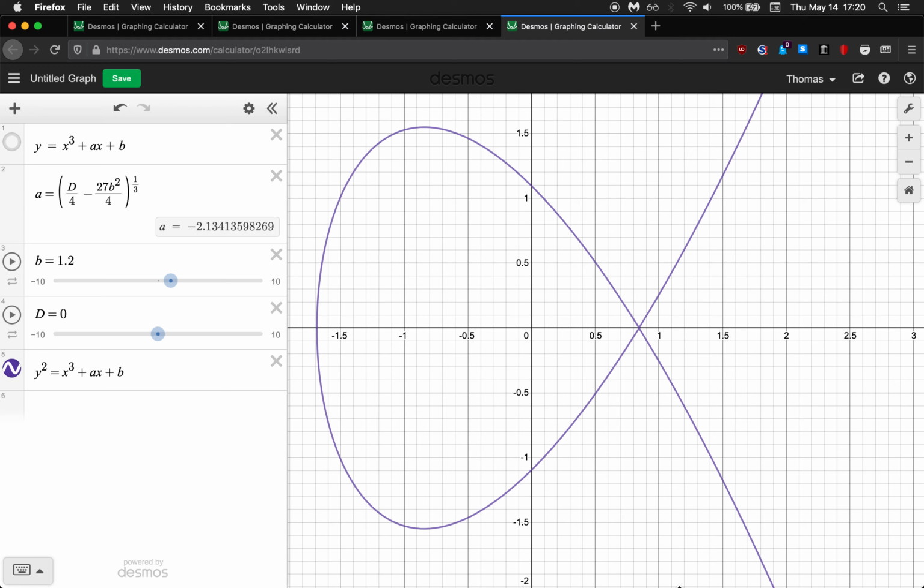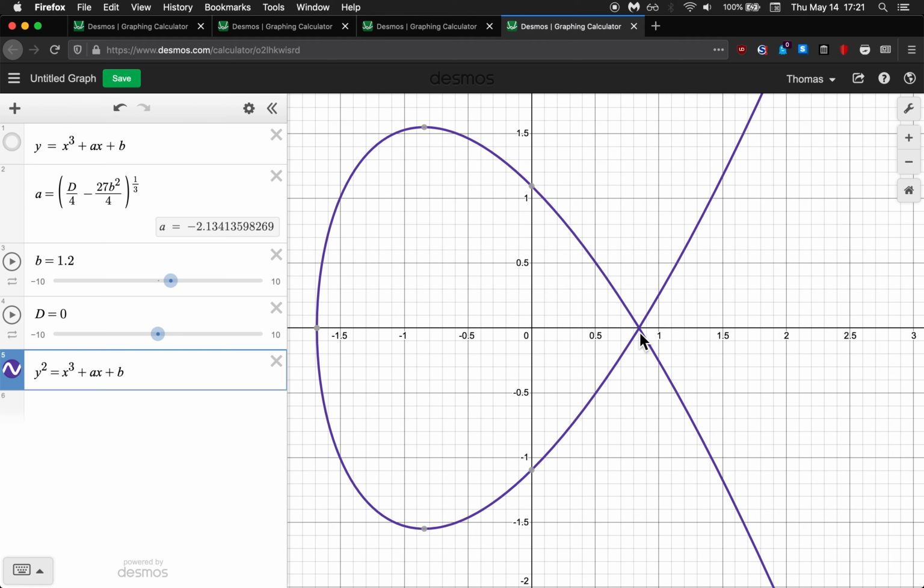And that is the elliptic curve group. And that group is going to allow us to make a new system of cryptography. The problem is, for that group to work, we do not want these self-intersection points. For right now, that just means we do not want a discriminant of 0.